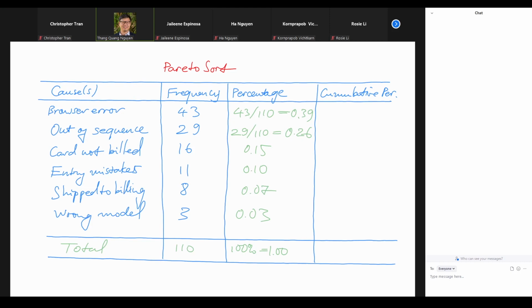All right, so let's go to the cumulative percentage column. What we do is the following. When we make the first step, we cover 39% of the problem, right? And after the first step, we take the second step, then we would cover the first plus the second. And then we have 65% of the problem.